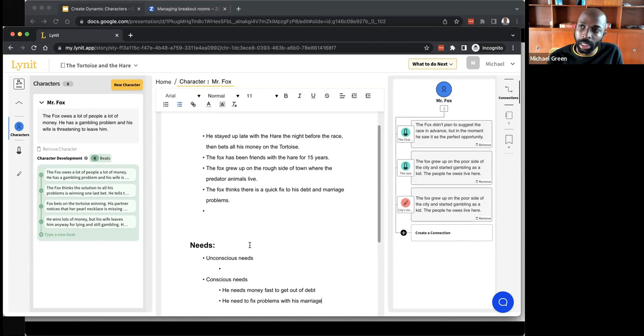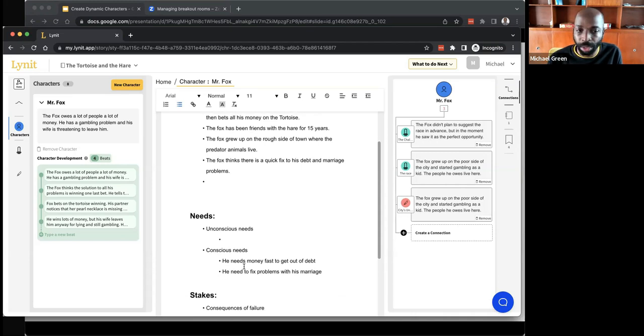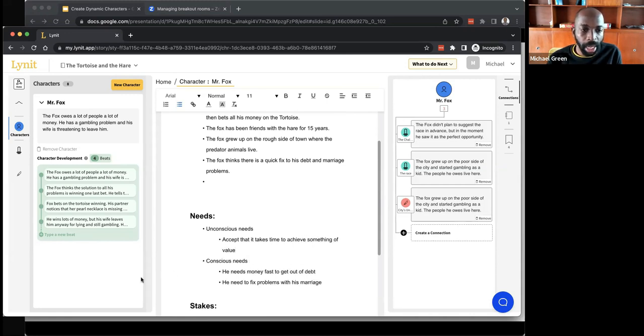But his unconscious need is really to learn and accept that it takes time to achieve something of value. That's his unconscious need.